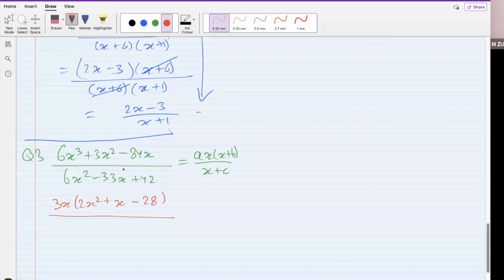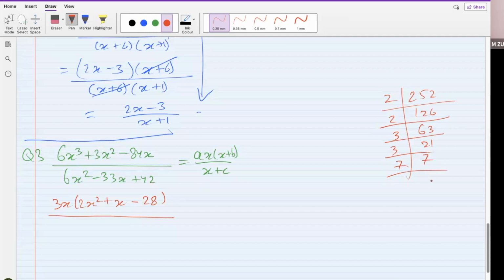And in the denominator, we have a quadratic equation already. So 6 into 42 is 252. Thinking about the middle term breaking, 2 is 126, again 2, 63, with 3 is 21, with 3 is 7, with 7 is again 1.